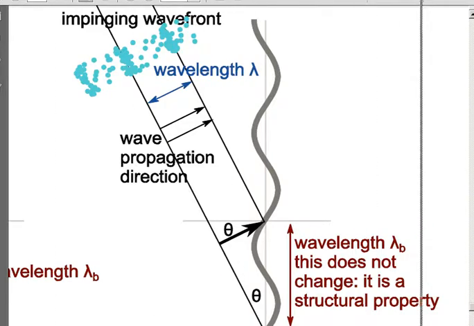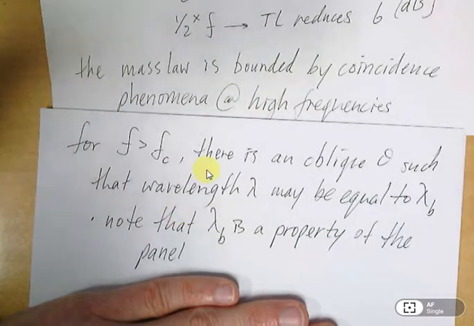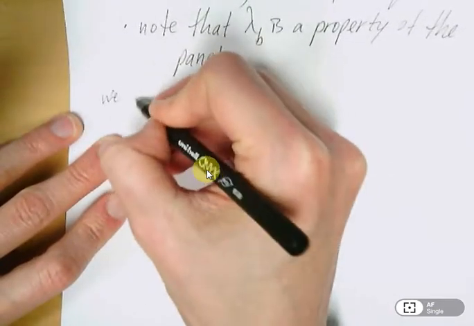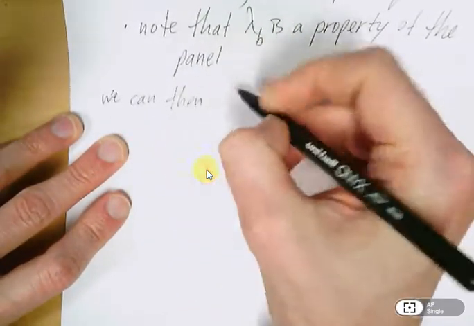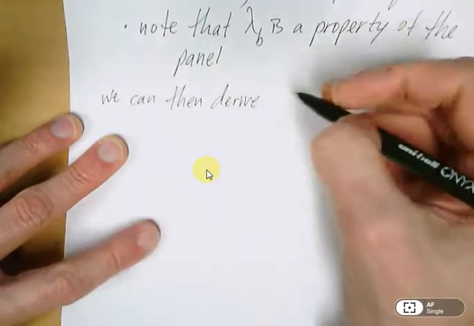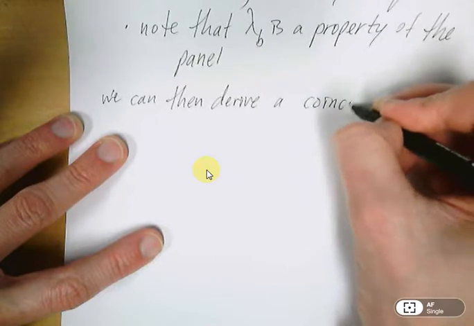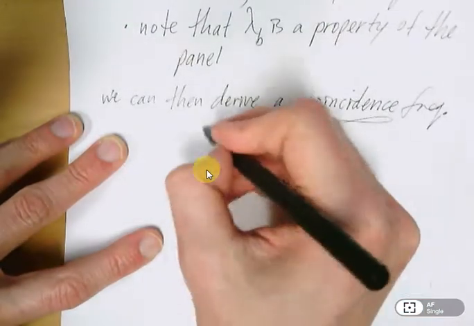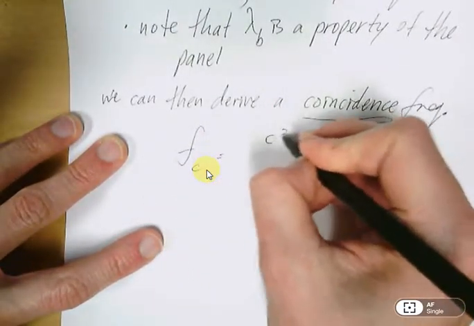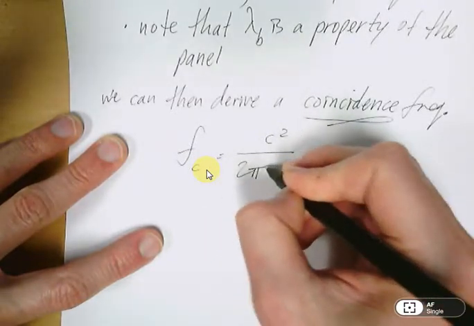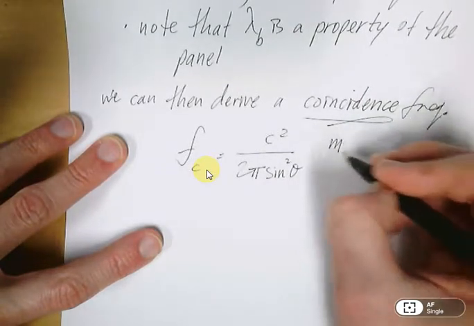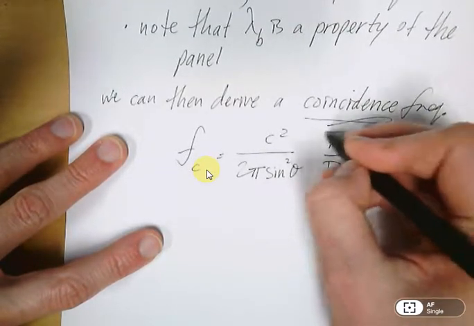So, putting this into math, we can then derive a coincidence frequency given by c squared on 2 pi sine squared theta, the oblique angle, multiplied by the root of the surface density on the bending stiffness.